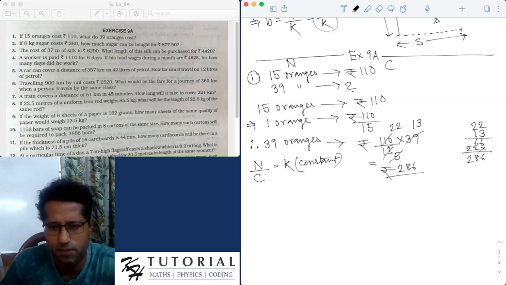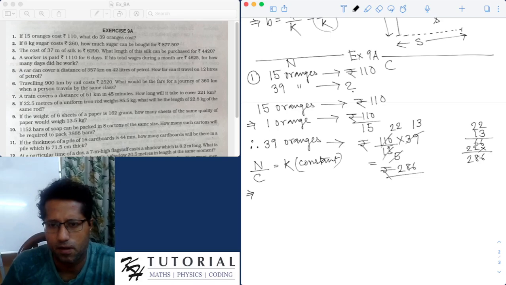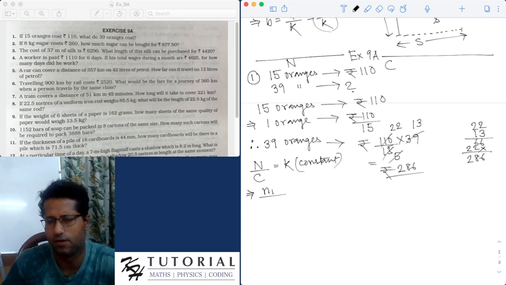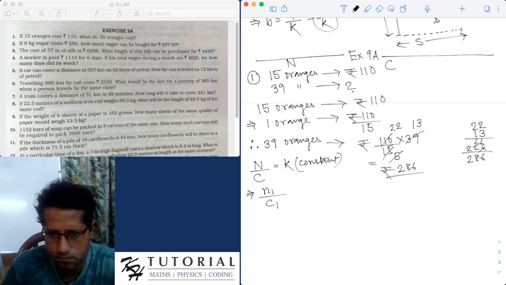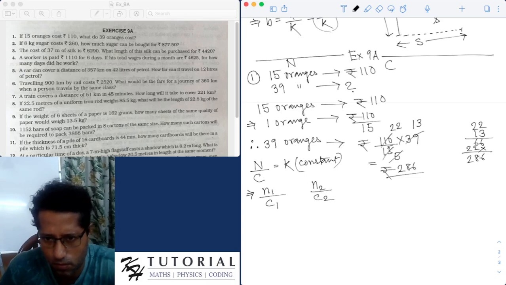This basically means that if the number of oranges is n1, and the cost of n1 oranges is c1, and the cost of n2 oranges is c2, then these two ratios should be equal.